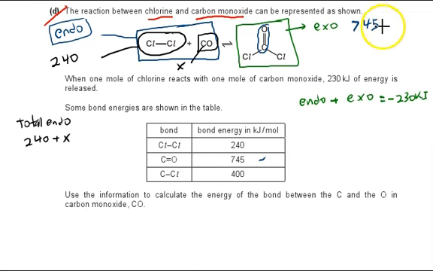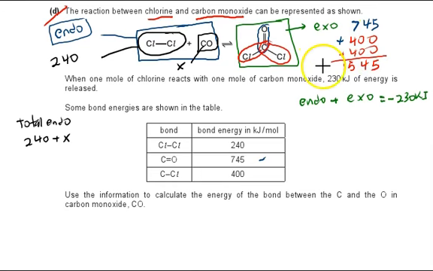Then we add the carbon and the chlorine. Here they have two bonds, 1 and 2, and carbon and chlorine have about 400 each. So plus 400 each, and here you'll be getting about 1545. This is for the exothermic.